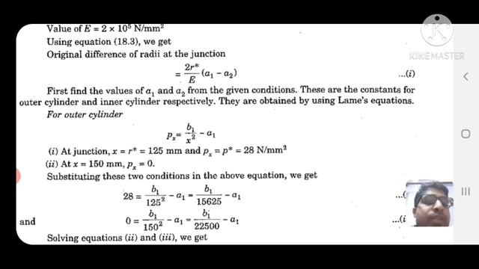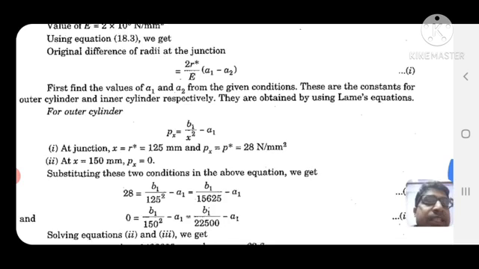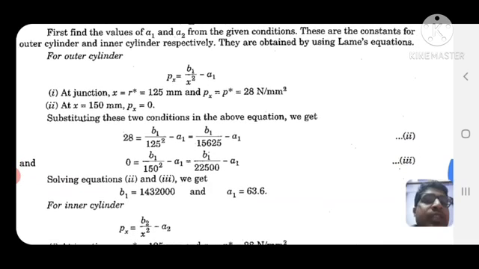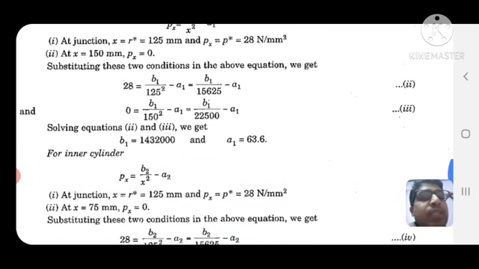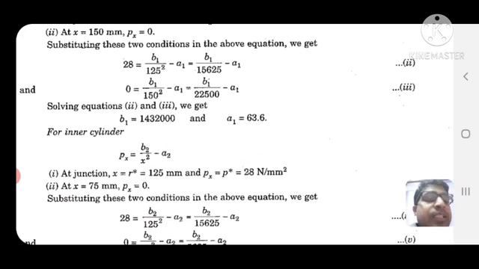Px equal to B1 by x square minus A1. At the junction x equal to R star, that is equal to 125 millimeter, Px equal to P star equal to 28 Newton per millimeter square. At x equal to 150, Px equal to 0.